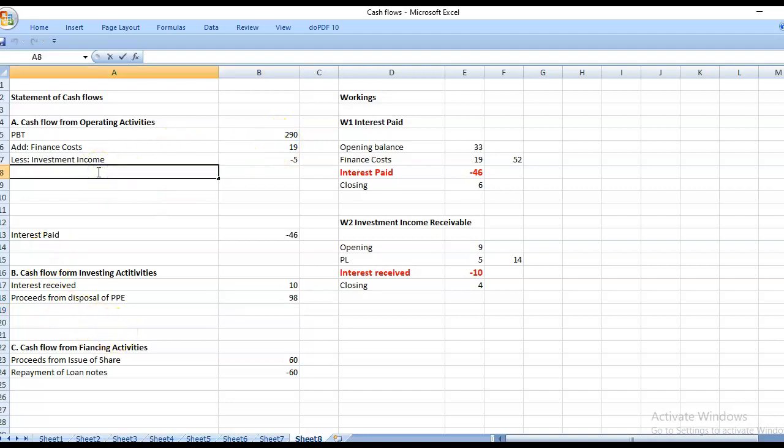So let me remove the impact. If there is any profit, less that profit. Profit on disposal is 98 less 75, that's 23. So negative 23 to remove the impact.